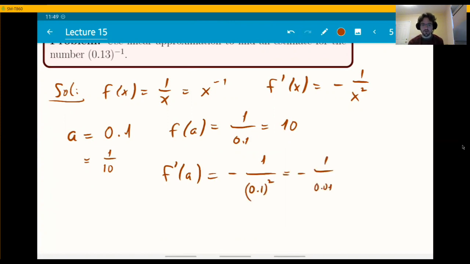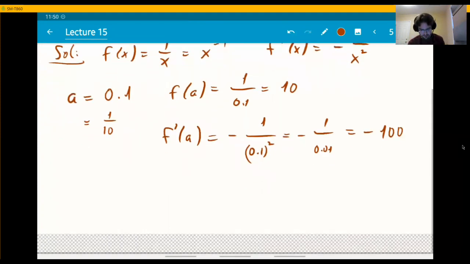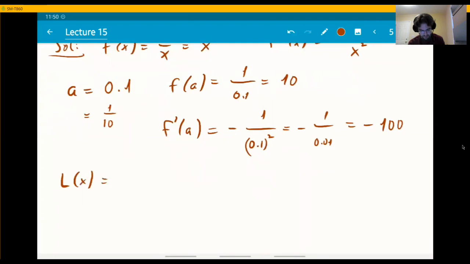Well, that's the number 1 over 100. The inverse of that will give you 100. And there's a minus sign from the derivative formula. So, okay, with these parameters, we have a pretty good approximation for f of x around any number close to a.